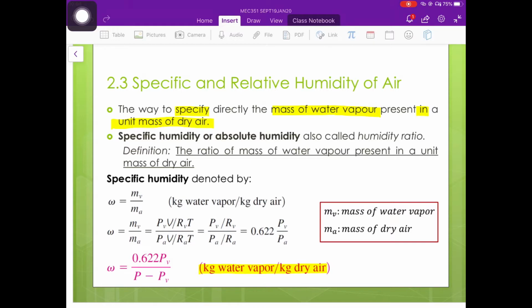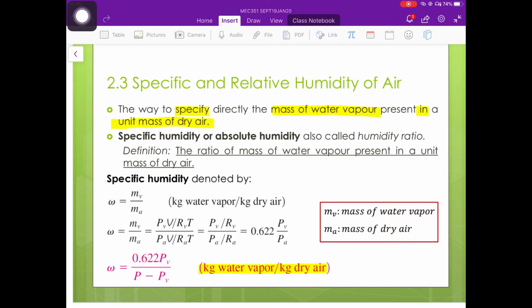Generally, they represent the quantity of the water vapor present in the unit mass of dry air. The first property is specific humidity, or absolute humidity, or humidity ratio. But most of the time, in our discussion, we are going to refer to it as specific humidity.